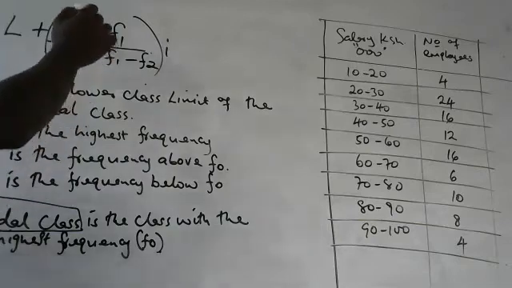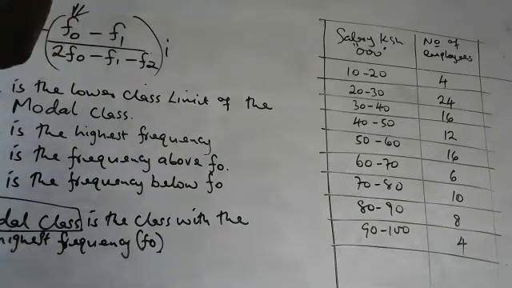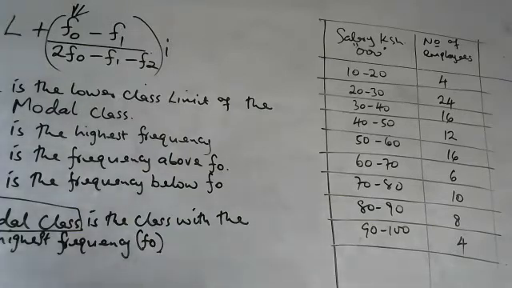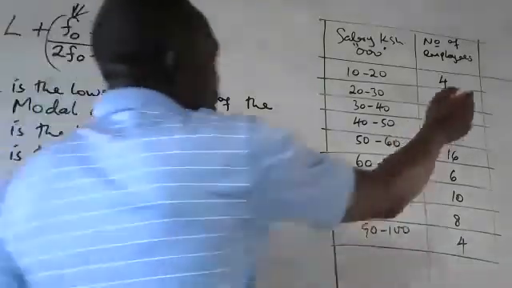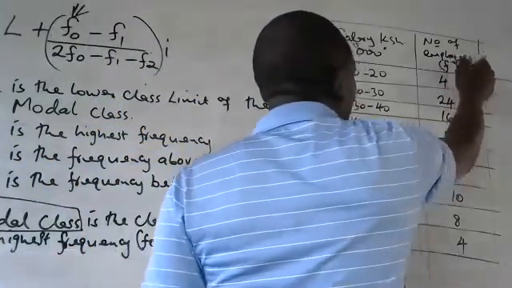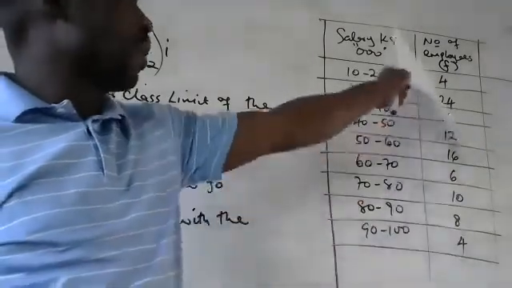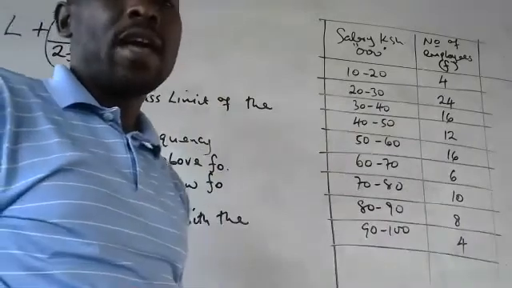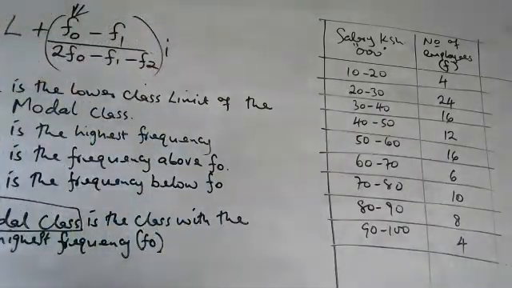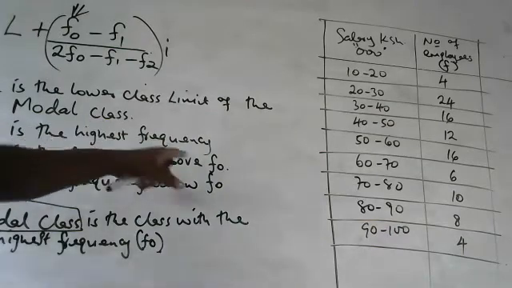If you are able to get the F0, all the others are found. The F0 we don't need to calculate, we just observe. The highest frequency, remember the number of employees is our frequency. The highest digit in this particular column is our F0.